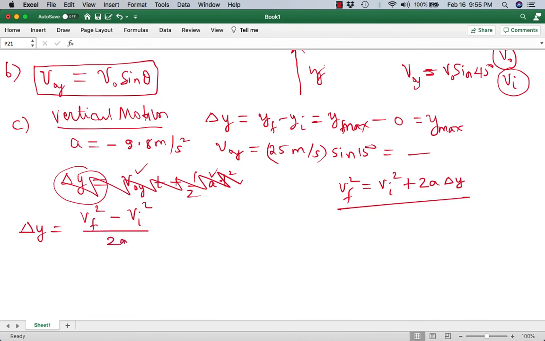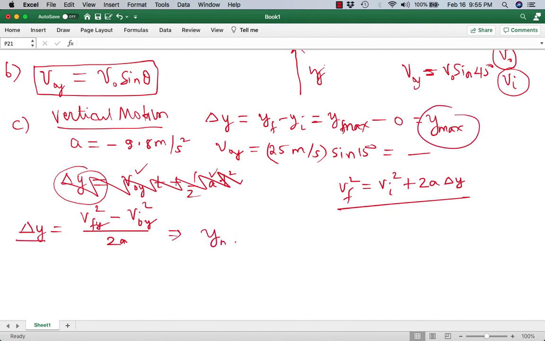Here we are dealing with the vertical motion, so we need to write vy here, and again here we are just calling this v naught, so let's write v naught y. So delta y is, we got that, y max.